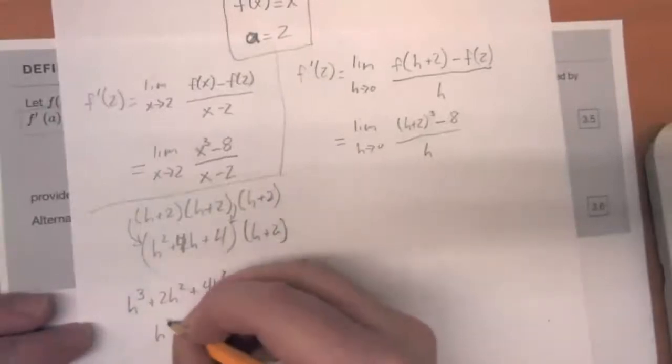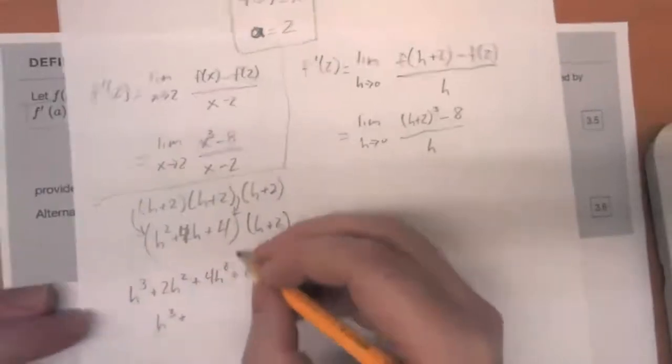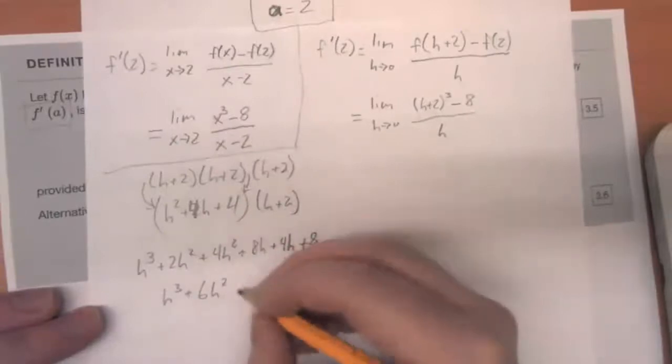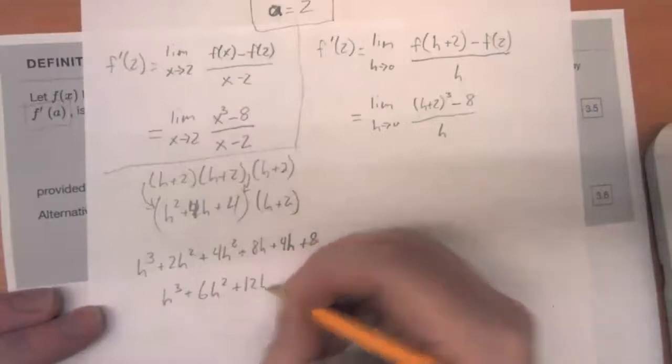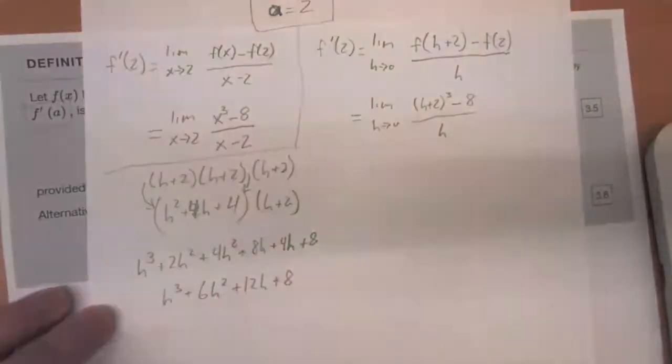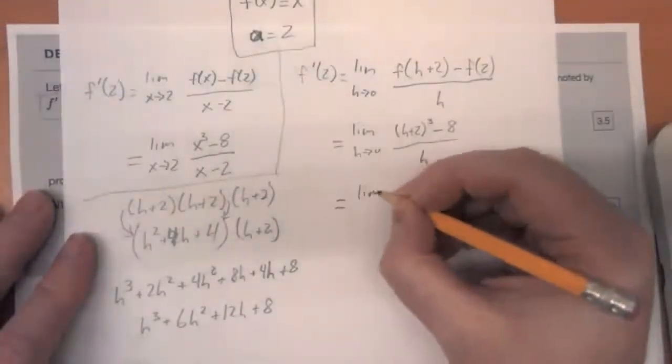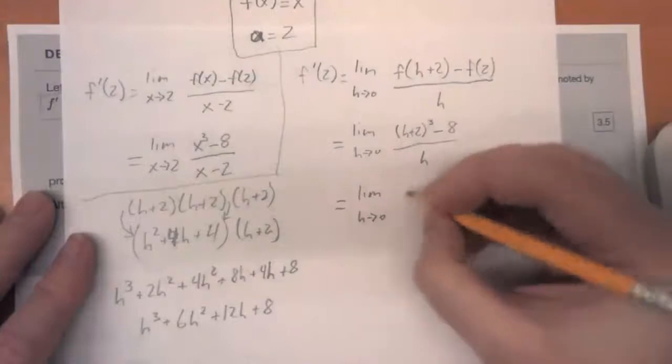So that's h cubed plus 2h squared plus 4h squared is 6h squared. 8h plus 4h is 12h plus 8. So that is what h plus 2 cubed is equal to. So let's substitute that into our problem over here.